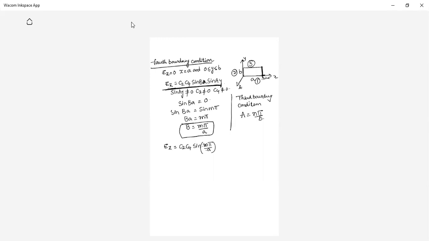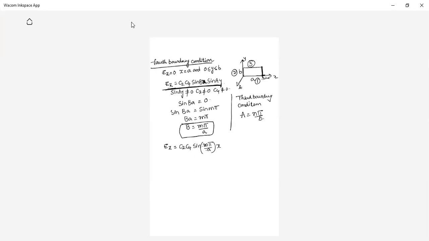Is it X or A? It is X, ma'am. Instead of X, we substituted.